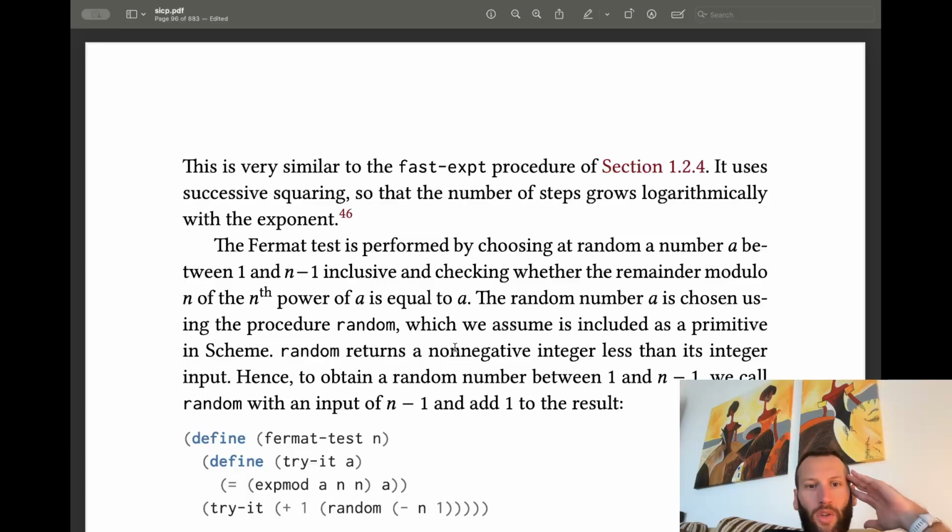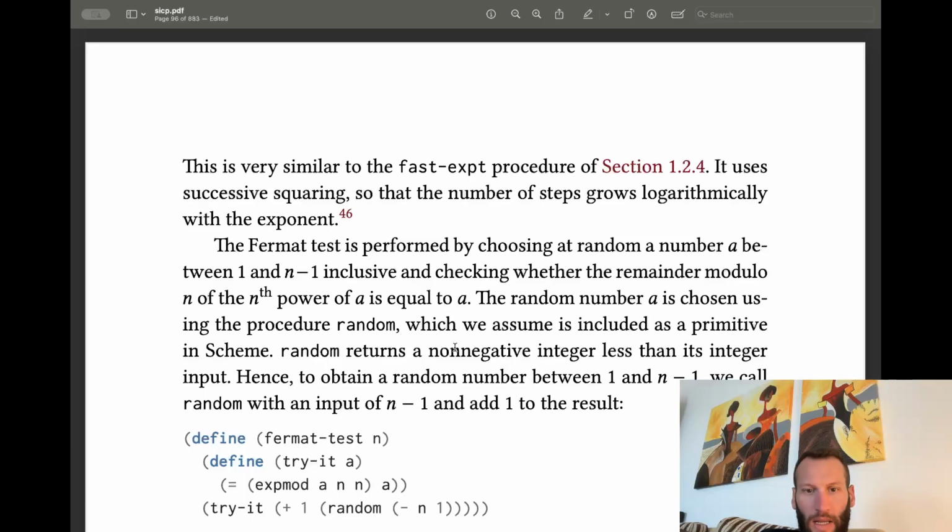The Fermat test is performed by choosing at random a number a between 1 and n minus 1, inclusive, and checking whether the remainder modulo n of the nth power of a is equal to a. The random number a is chosen using the procedure random, which we assume is included as a primitive in Scheme.